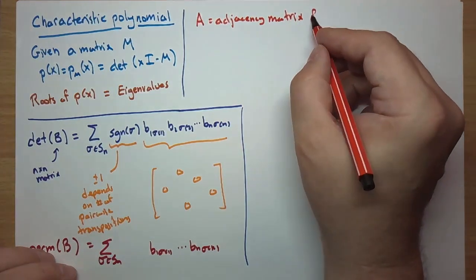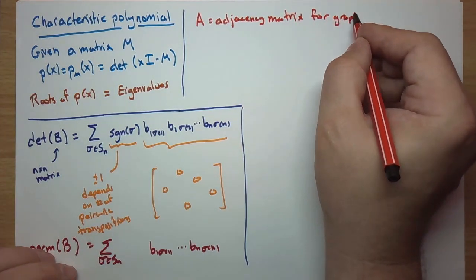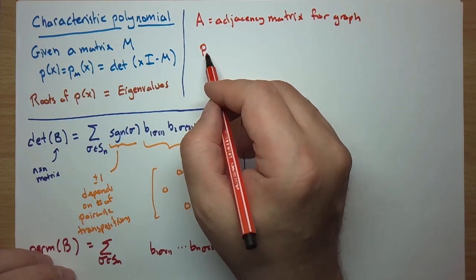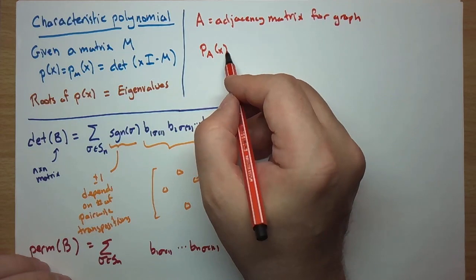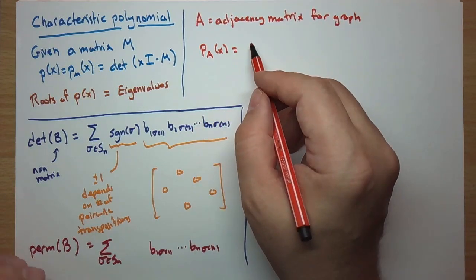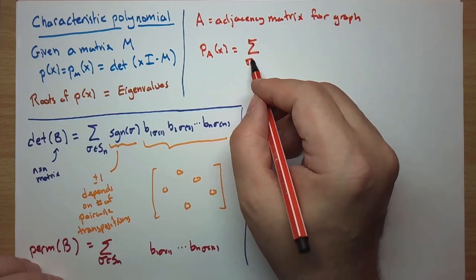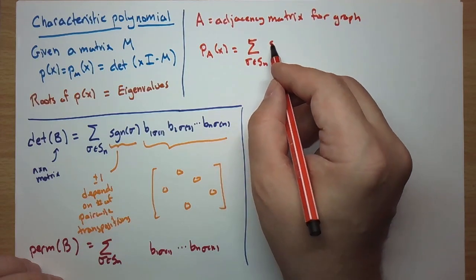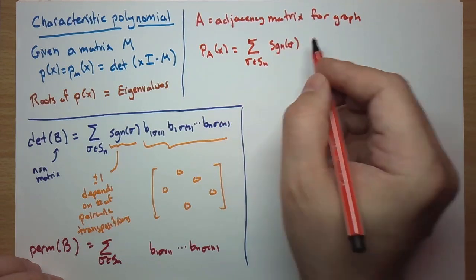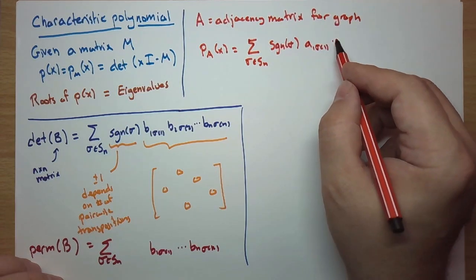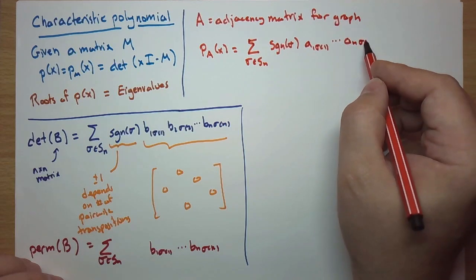And we want to understand what our characteristic polynomial looks like. So P_A of x. Well, of course, we can start in the same place: the sum over sigma in Sn, sign of sigma, and we'll write A_1 sigma 1 dot dot dot A_n sigma n.